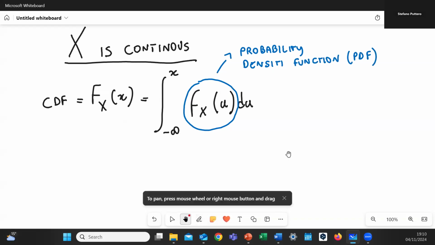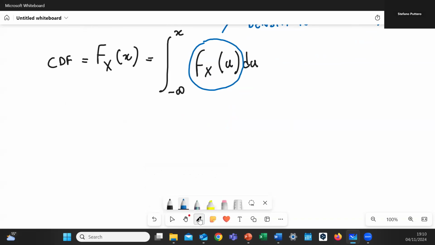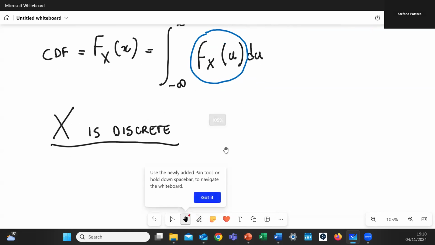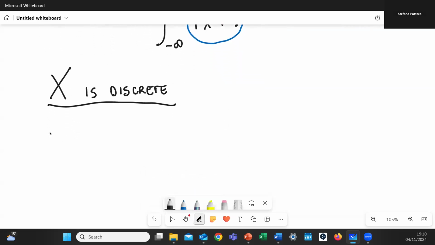Last time, on the other hand, we saw that for x discrete, we know that the cumulative distribution function, the CDF, that is always F_X of x, is equal to what?